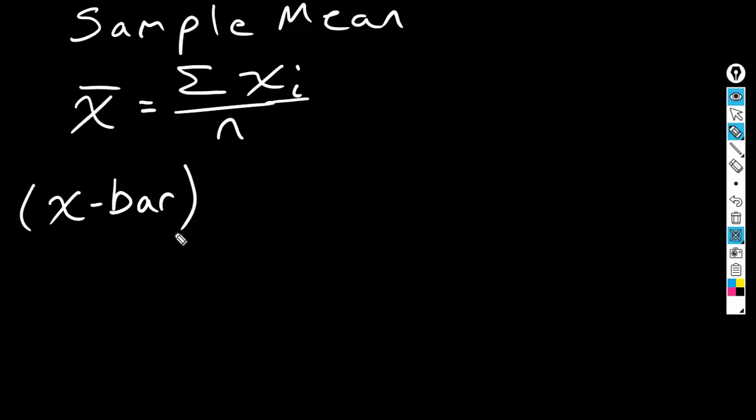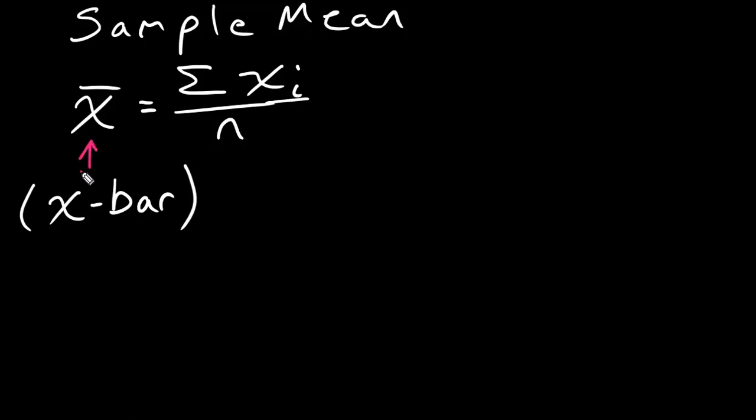Most of the time, these sample statistics are just a regular old letter. s is one that we will see later on. p, and so on and so forth. Sample mean is a little unique in that it's not just an x, it is x bar, but we use x quite a lot, so you have to excuse us on that one.